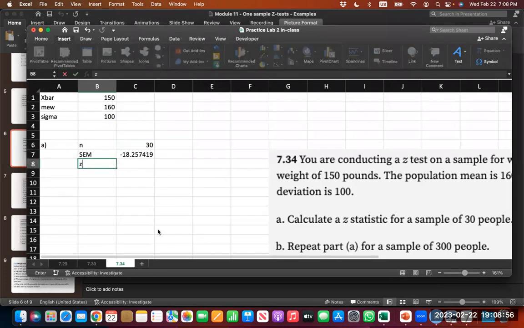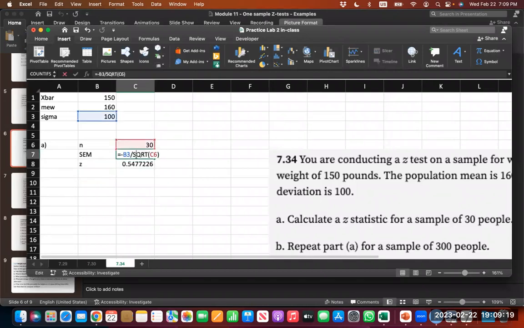We have a z score that is basically x bar minus mu, in parentheses, divided by the standard error of the mean. So our z score here is minus 0.54.